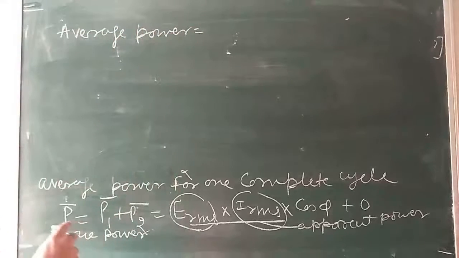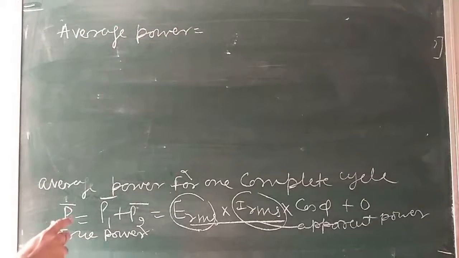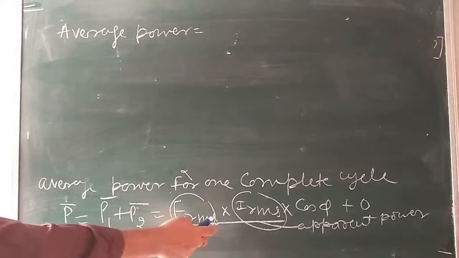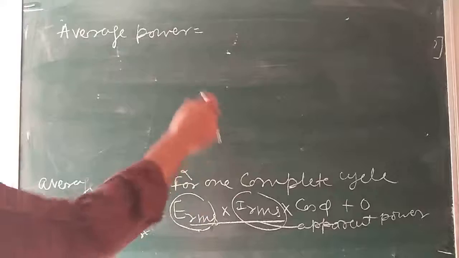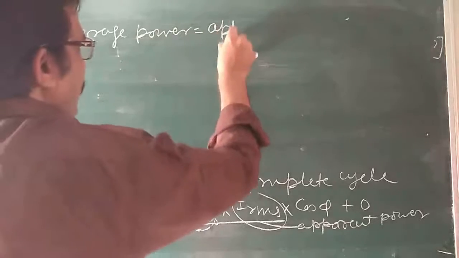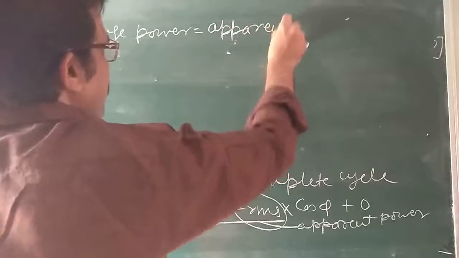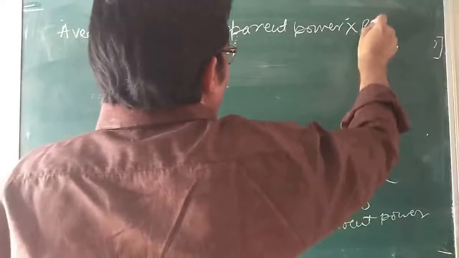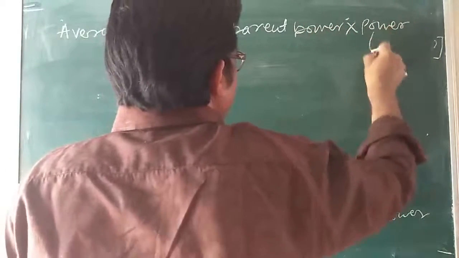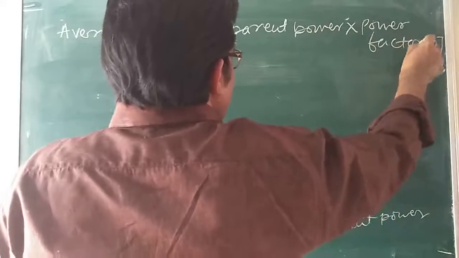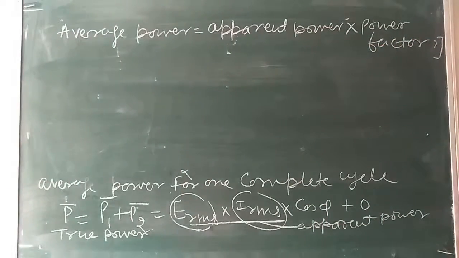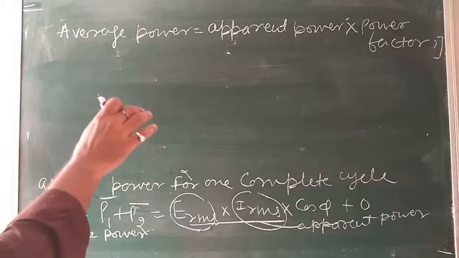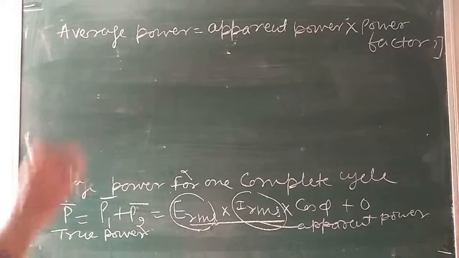The average power, or we can say true power, is equal to apparent power into power factor. It is clear?